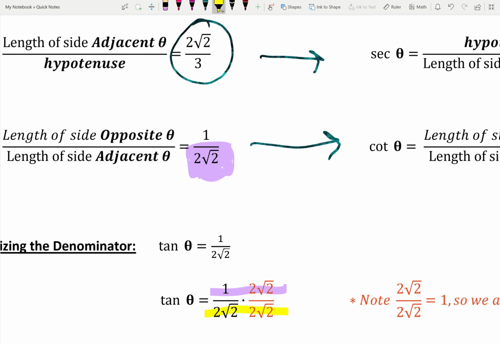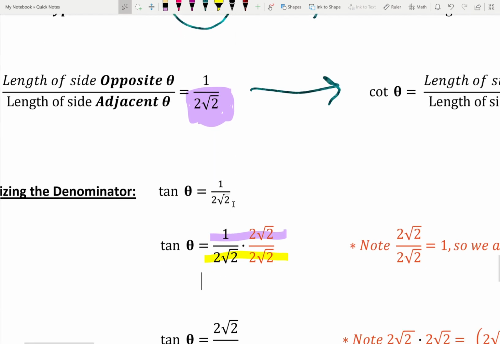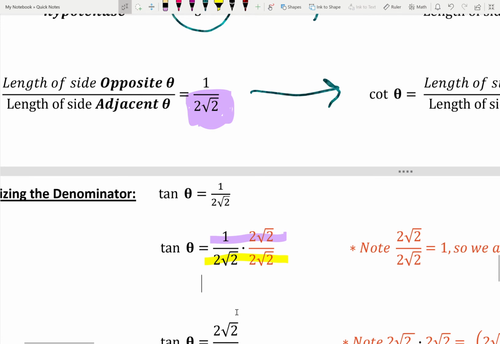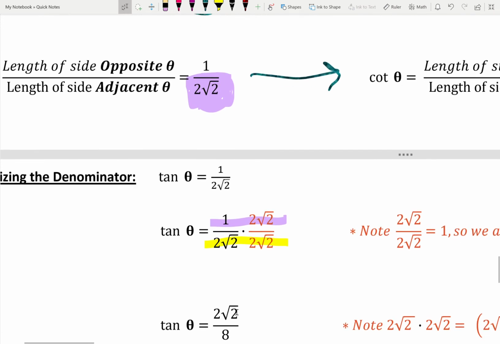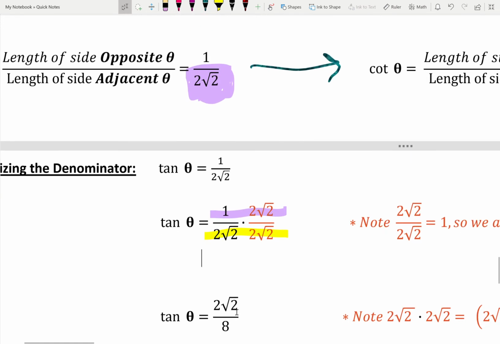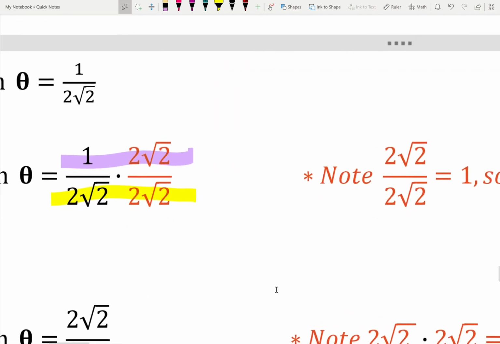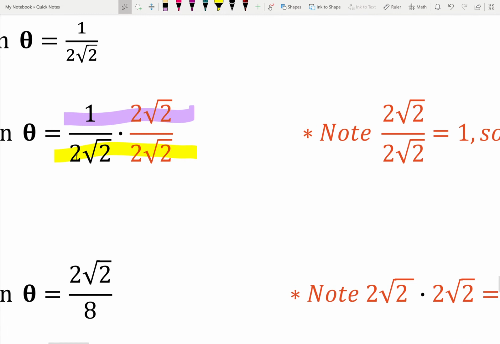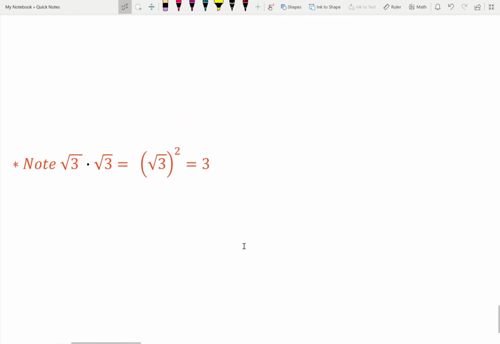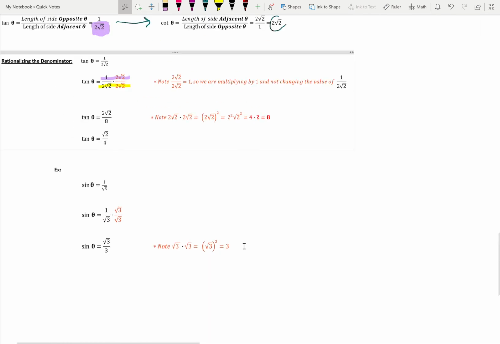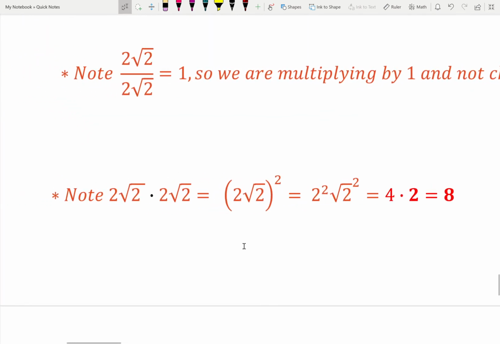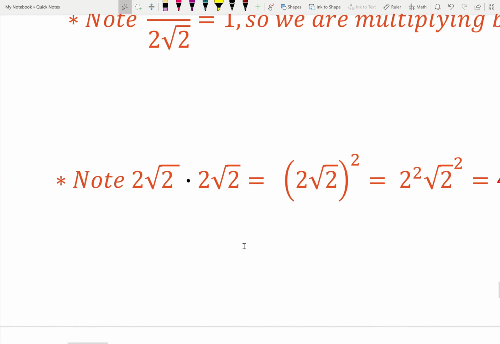So if I multiply the two numerators, I get 1 times 2 times square root of 2. And if I multiply the denominators, let's see what I get. I get 8. Now, how did I get 8? Well, let's come over here to my side note. If I multiply the two denominators, I get 2 times square root of 2 times 2 times square root of 2.